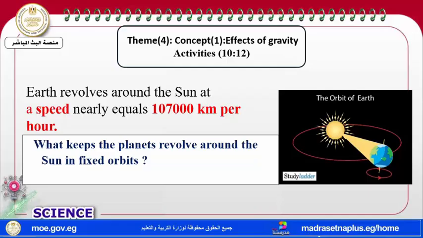If we are going to test that, the solar system contains the sun, and planets revolve around the sun in a fixed path. That's for the Earth, and each planet also has a path where it moves.